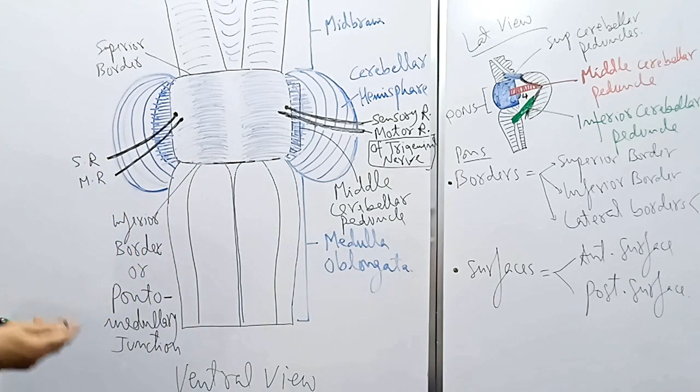The ventral surface of the pons is convex from side to side and convex from above downwards.